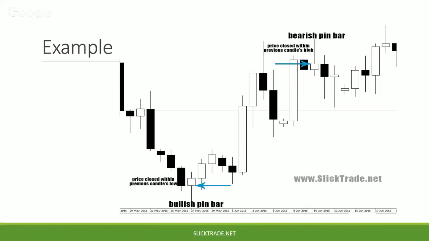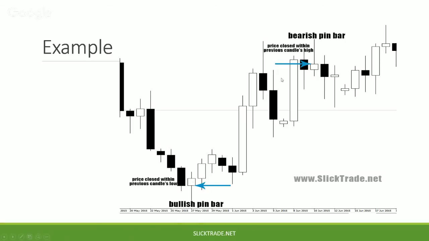So we have 2 examples here. Here is a bullish pin bar. Here's the previous candle. Now, price closed within this previous candle's low. Here's the low, and see the body, that's where price closed. Or it closed here, excuse me. But it closed within that previous low.